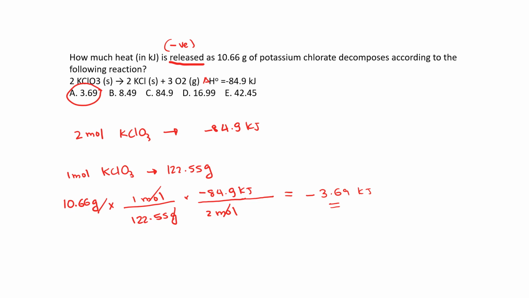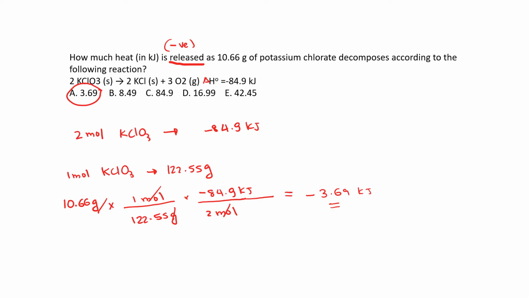How much heat in kilojoules is released? When you say released, then you will figure out this is an exothermic reaction and the delta H would be negative. As 10.66 grams of potassium chlorate decomposes according to the following reaction, if you look at this equation, you will notice that 2 moles of potassium chlorate gives off this much in kilojoules.